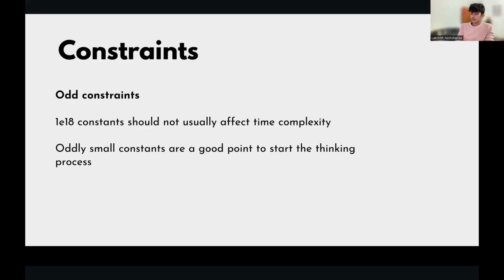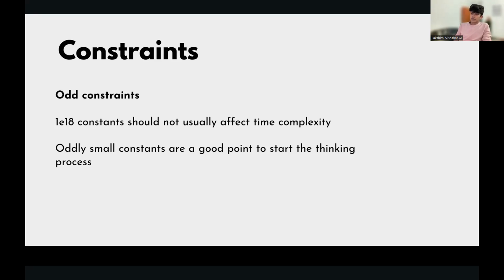The input size only matters. So usually they will put in a constraint saying that these integers are less than 10 to the power 9. The reason is that 10 to the power 9 is the safe limit in 32-bit integers. So if some problems have 10 to the power 18, the usual limit is 10 to the power 9, but in this problem the limit is 10 to the power 18.